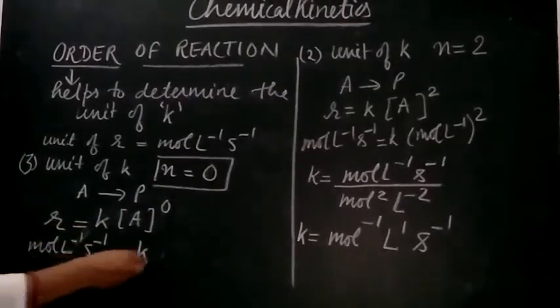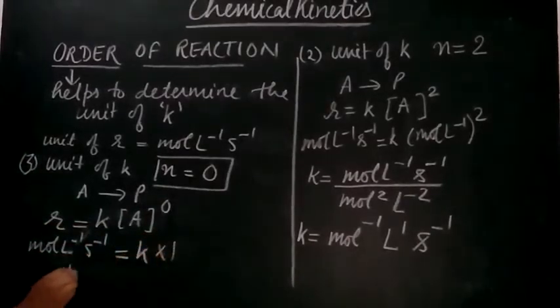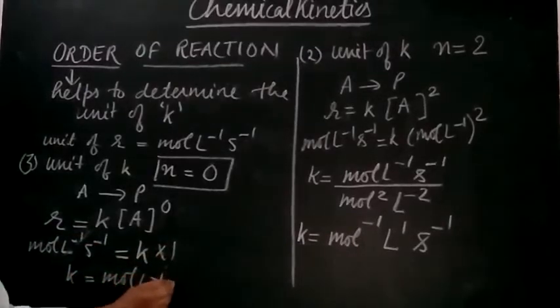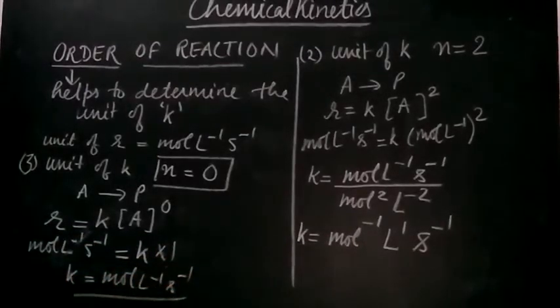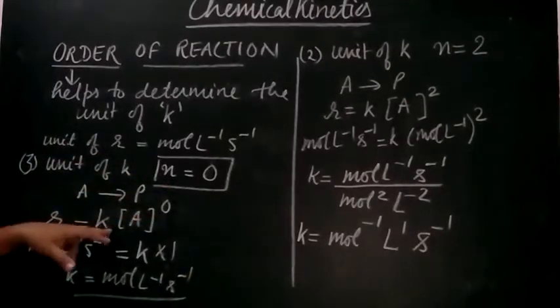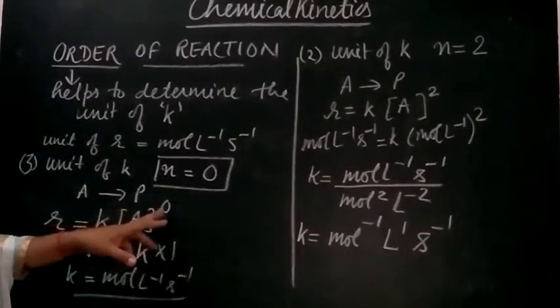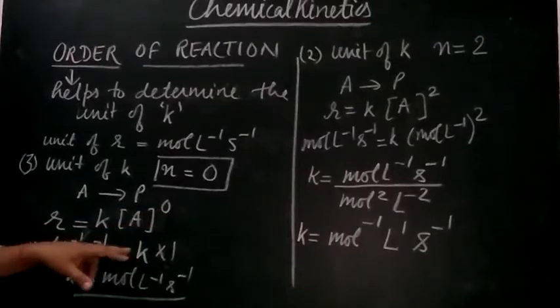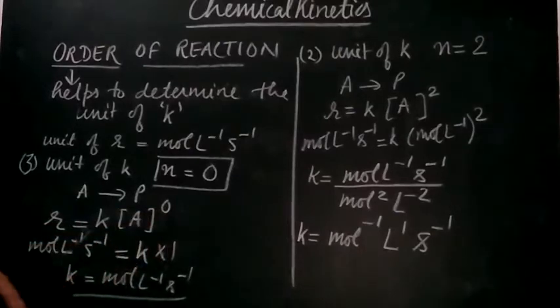K into 1, so the K value will be mole per liter per second. Right students? So the unit of K when the order of the reaction is 0, R equals K, K naught, rate law expression mole per liter per second, K into 1. So K will be mole per liter per second.